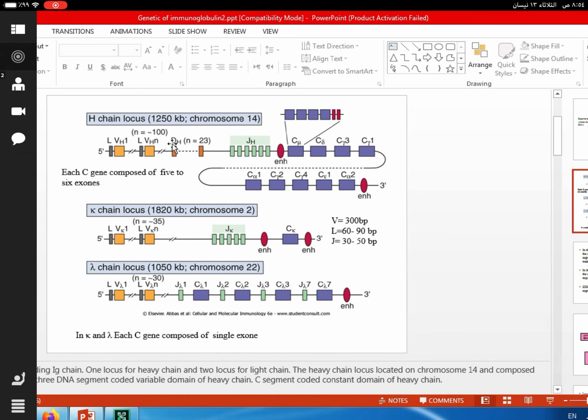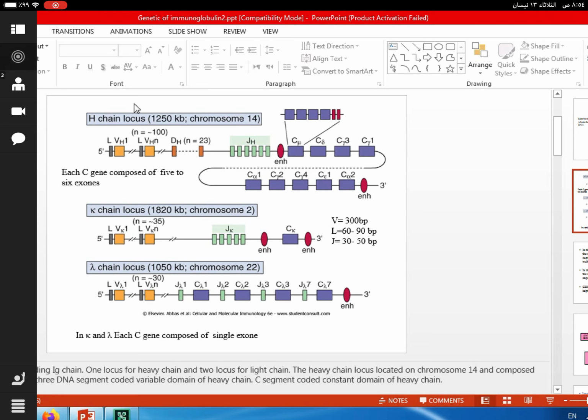CDR3 is coded by segments D, J, and the nucleotides between V and D, and D and J, while CDR1 and CDR2 are coded by the germline V segment.